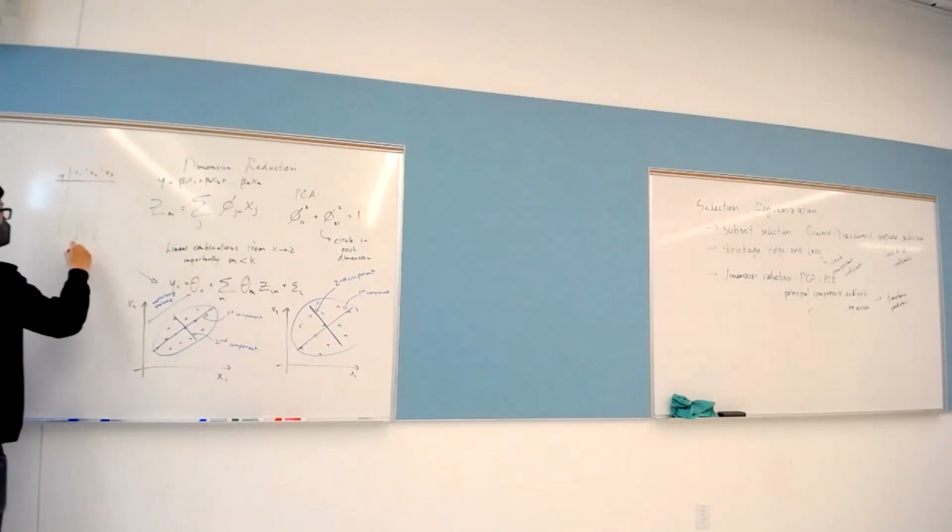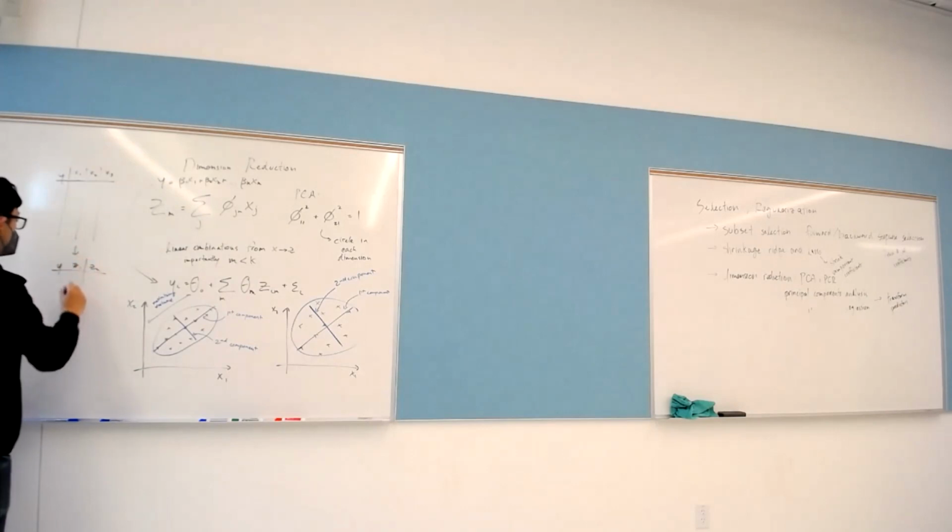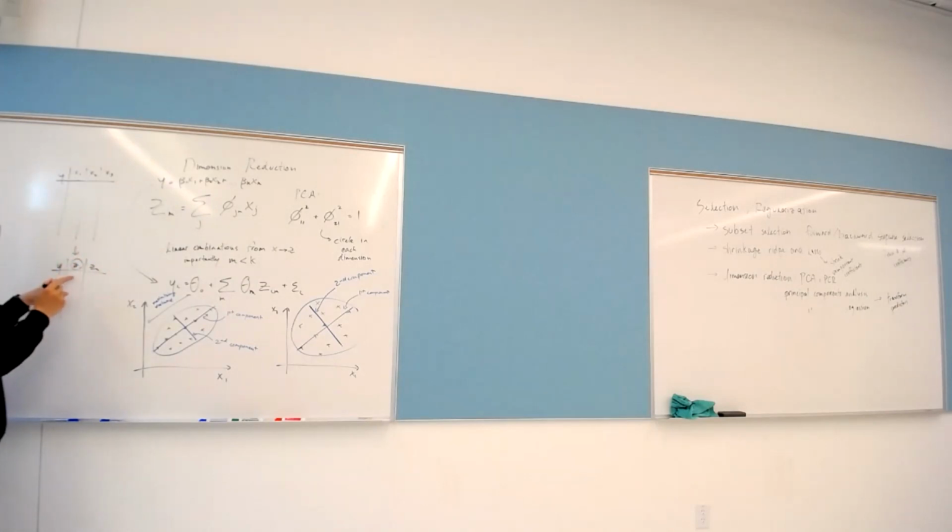Okay, in a dimension reduction, you're going to end up with something more like this. Z1 and Z2, okay? And the Z1 isn't one of these things. Z1 contains information about all three, okay? And same with Z2.